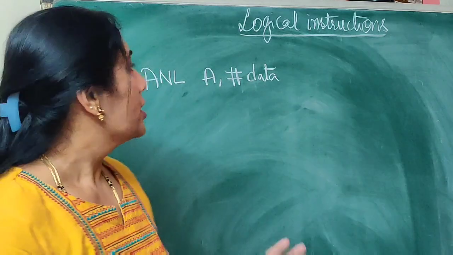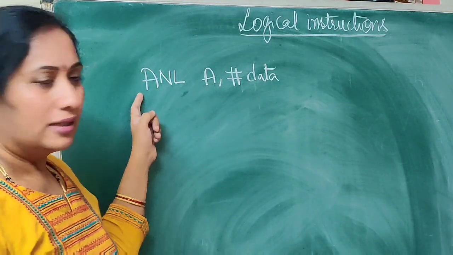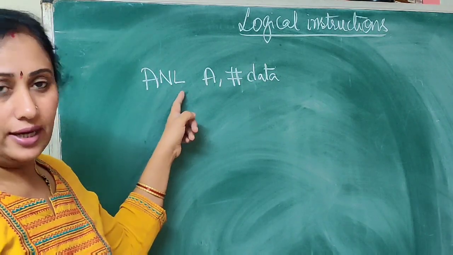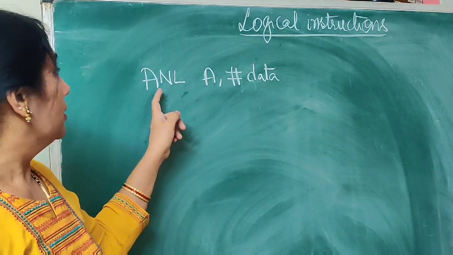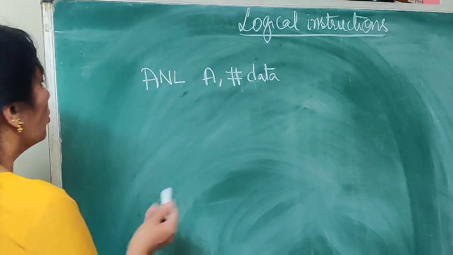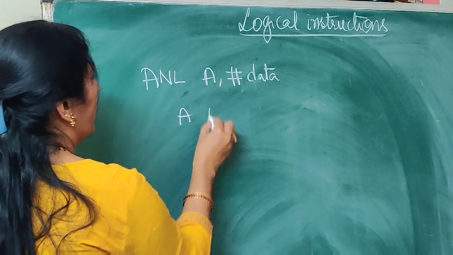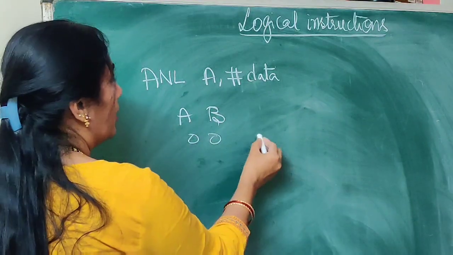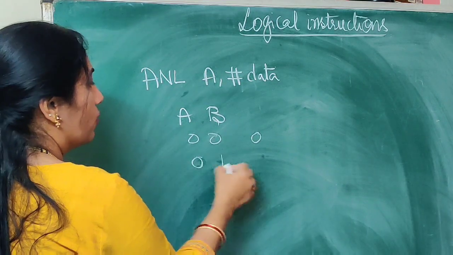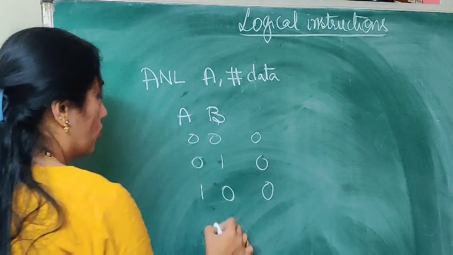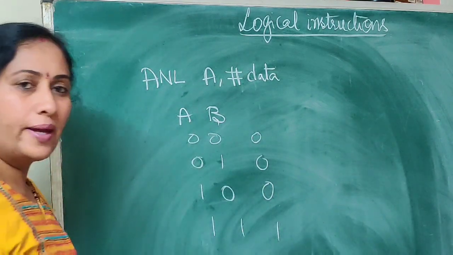Okay, so here first the AND logical operation, right? I think you all know the AND gate operation. What it is going to do, say if A and B are the data, 0 0, the output is going to be 0; 0 1, the output will be 0; 1 0, the output is going to be 0; 1 1, then the output is going to be 1.